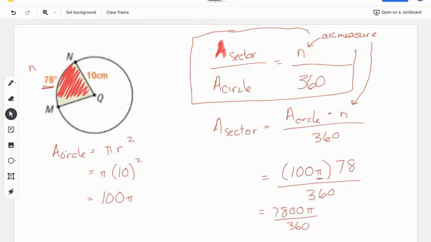And when we get here, you might work to simplify the fraction, or you can go to your calculator and type in 7,800 divided by 360. It's going to give me a decimal, so we want to keep it really exact. If you're using your calculator to do this and it gives you a decimal, you're going to want to find what the fraction is.